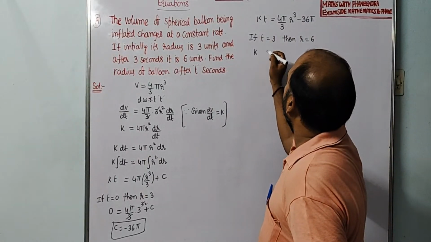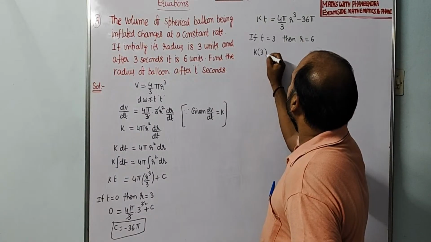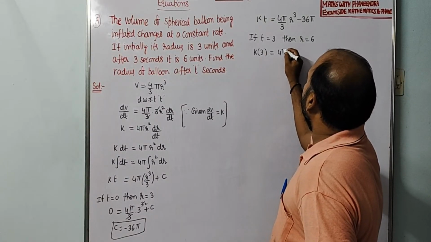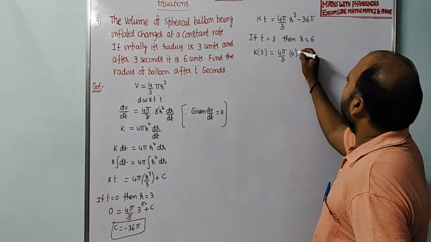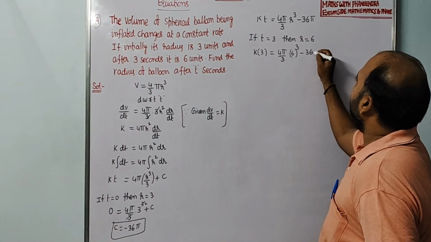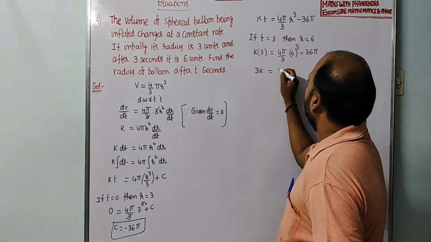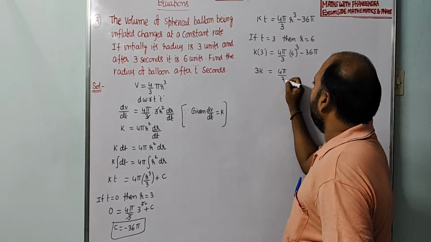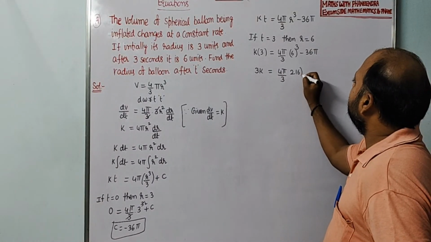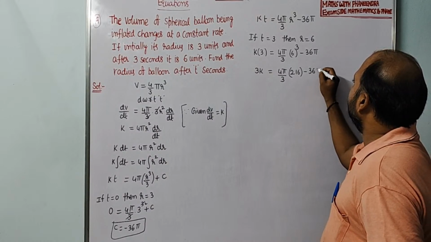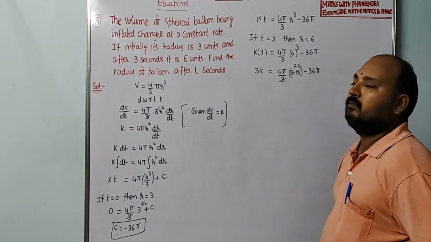So K into t, where t is 3, is equal to 4 pi by 3, r is 6, 6 cube, minus 36 pi. So 3K is equal to 4 pi by 3, 6 cube is 216, minus 36 pi. 3 ones are 3, 3 sevens are 21, 3 twos are 6.